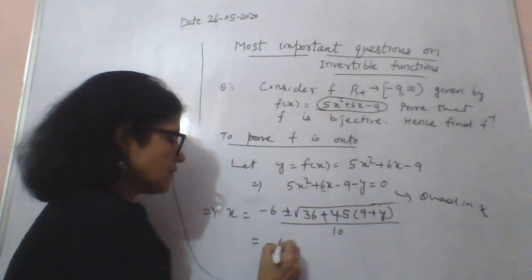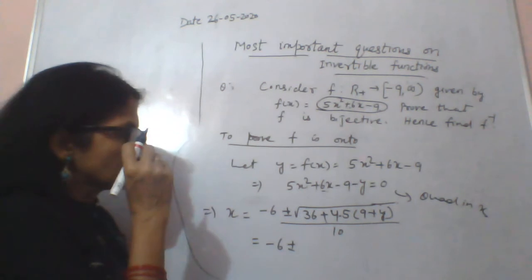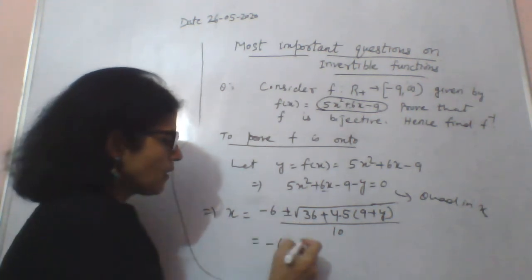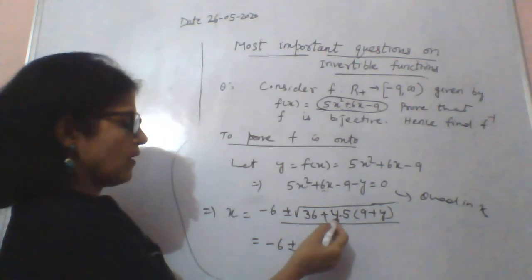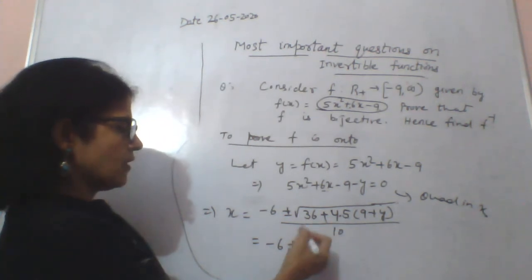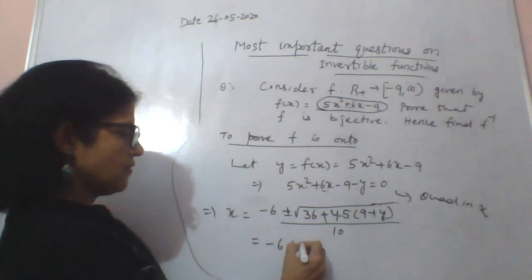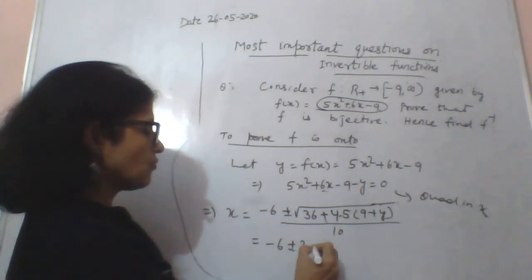So minus 6 plus minus, here you see you are having 36. Okay, so you have 4 times 5, so you can take 4 outside, means you can get 2 outside.